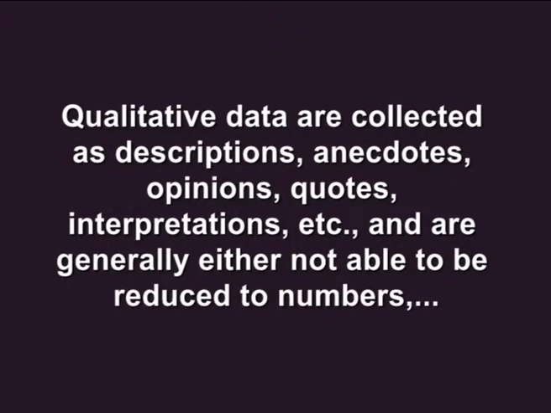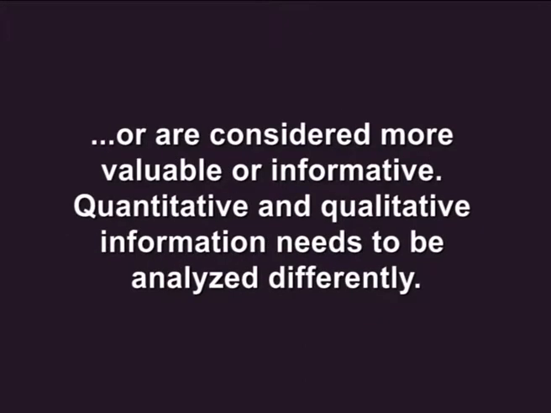Qualitative data are collected as descriptions, anecdotes, opinions, quotes, interpretations, etc., and are generally either not able to be reduced to numbers or are considered more valuable or informative. Quantitative and qualitative information needs to be analyzed differently.